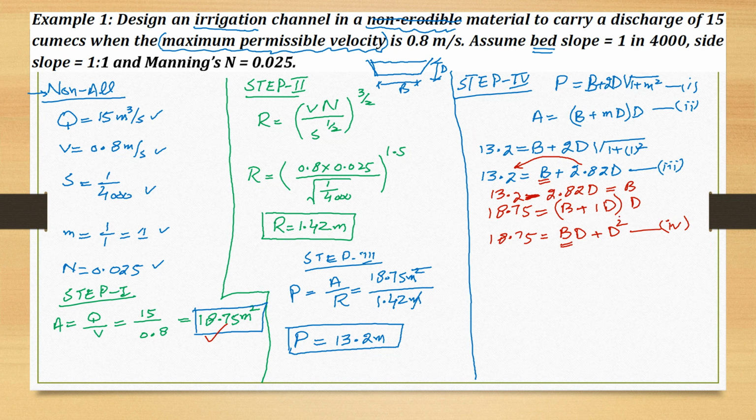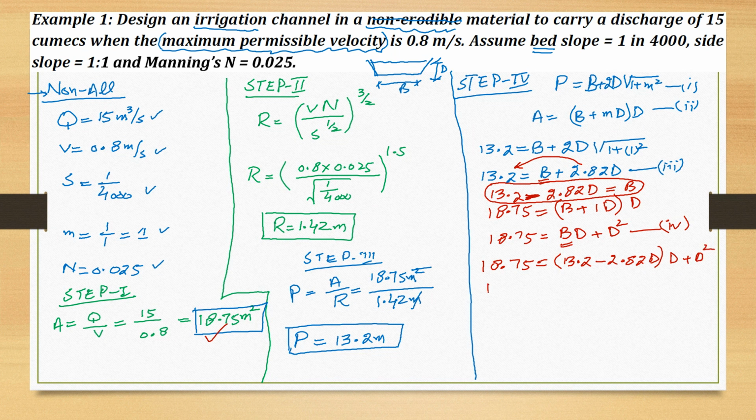You can solve directly in your calculator. So 18.75 equals the value of B, which is found to be this one: (13.2 minus 2.82D) into D plus D square.